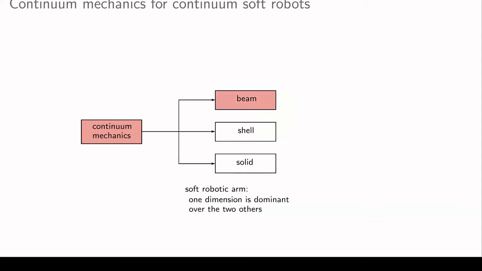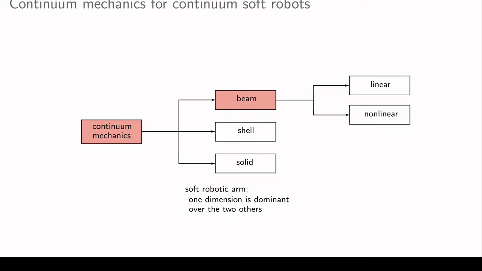Since a soft robotic arm has one dimension which is dominant over the two others, we are interested in beam theories. And among the beam theories, we are interested in nonlinear beam theories, which deal with large motions and with no approximation on kinematic variables.